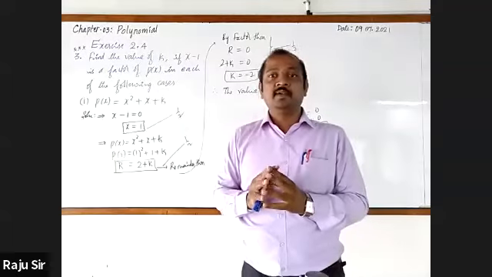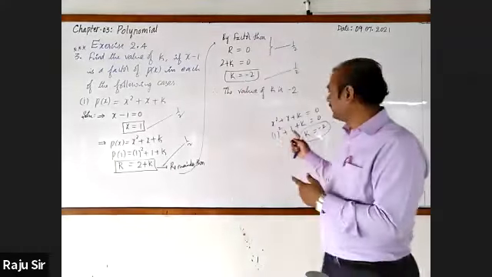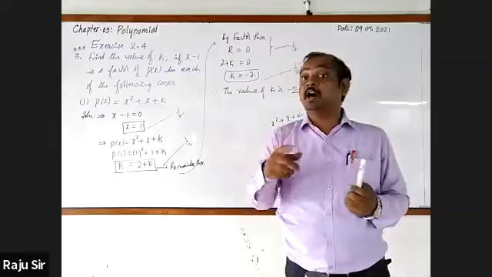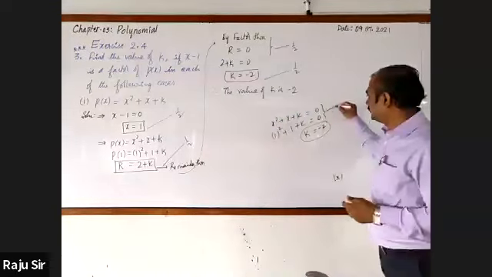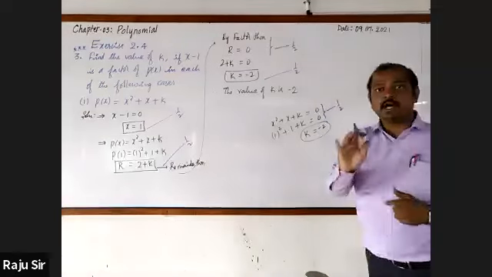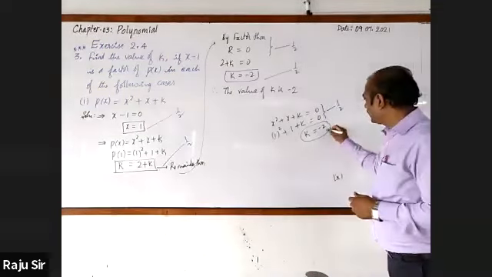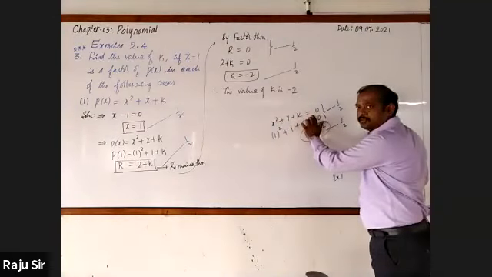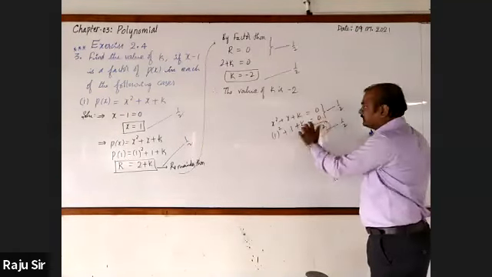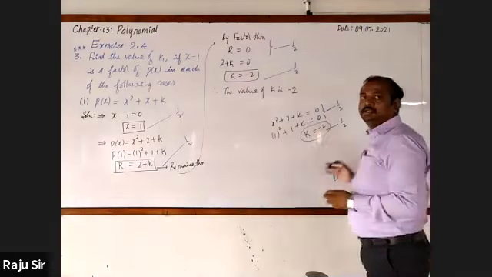But in a test, if it is given for 1 mark, marks will be distributed as half marks for the first 2 steps, and half for the final value. Because you know that according to the factor theorem, this has been taken as 0. That is why it is half mark. And substituting and simplifying, it is half mark.